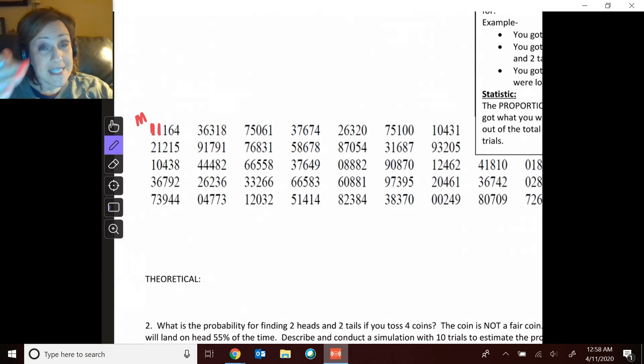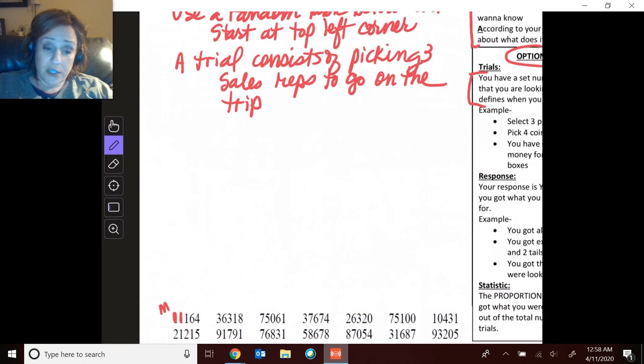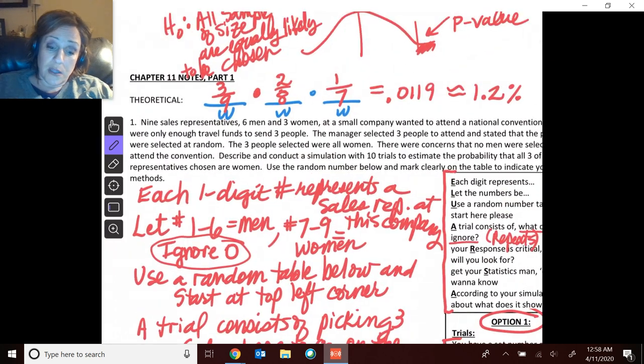So that probability is changing, and we saw that when we did our theoretical one up here, the probability 3/9 and then 2/8 and 1/7. Because that probability is changing, we're addressing that with no repeats.